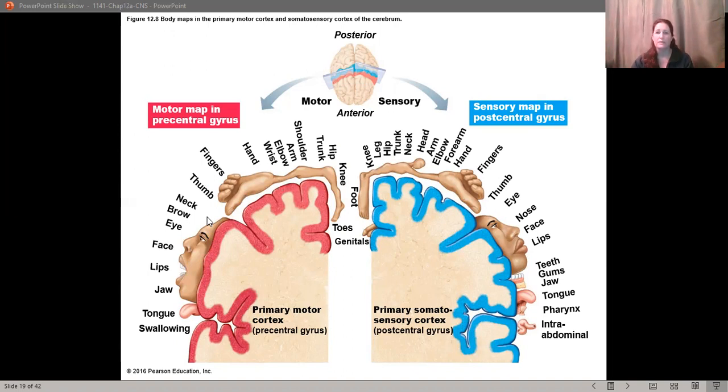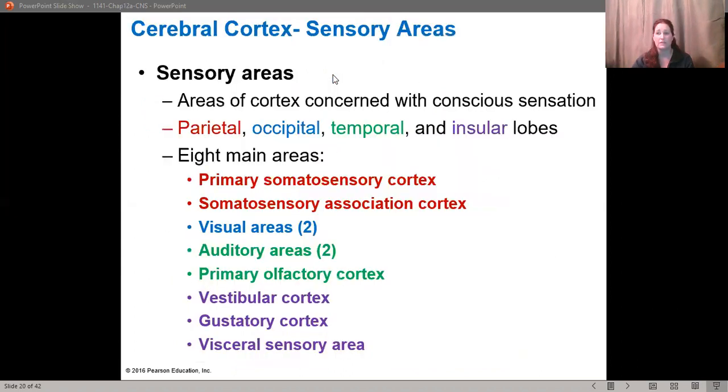Okay, so now we're going to move from frontal lobe and motor to parietal lobes and sensory. Just on the other side of the central sulcus, here we have our primary motor cortex in the frontal lobe, our central sulcus, and then our primary somatosensory cortex.